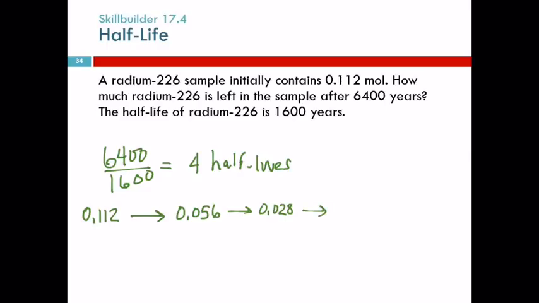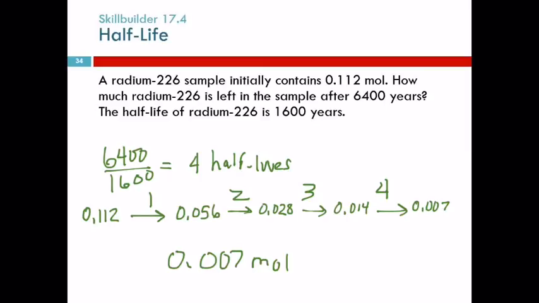Another half-life, divide by 2 again, 0.014, and one more, 0.007. So there's 1, 2, 3, 4 half-lives. So the answer is 0.007 moles.